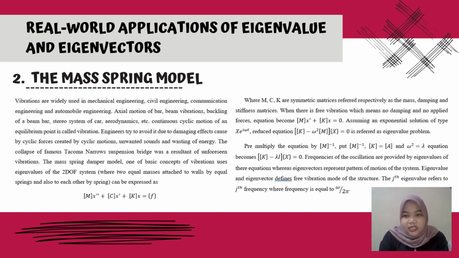The frequencies of the oscillation are provided by the eigenvalues of the equations, whereas eigenvectors represent a pattern of motion of the system. Eigenvalues and eigenvectors define the free vibration modes of the structure. The j-th eigenvalue refers to the j-th frequency, where frequency is equal to omega over 2 pi.